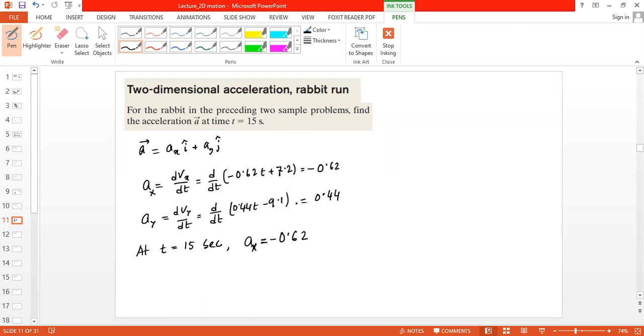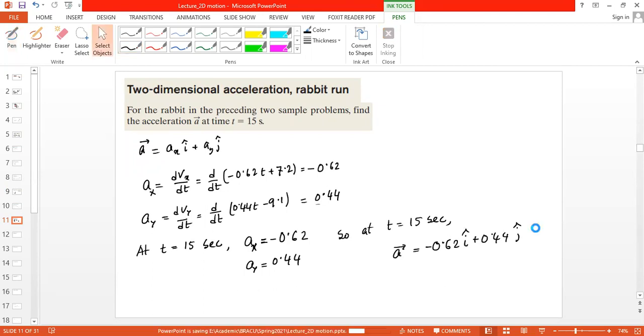And the same again for a_y, it is constant, independent of time. So at time t equal to 15 seconds, it is 0.44. So at t equal to 15 seconds, my acceleration is equal to 0.62i plus 0.44j. Okay, so this is the expression for acceleration.